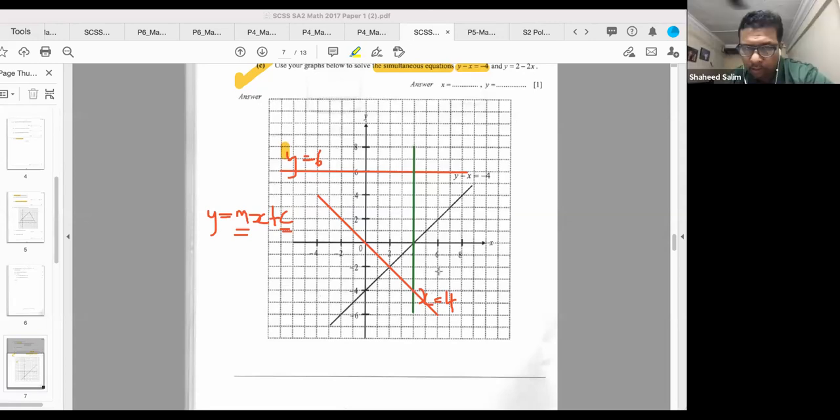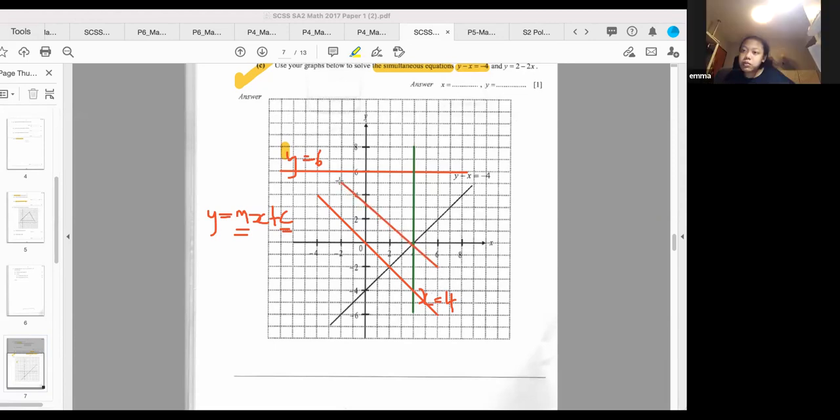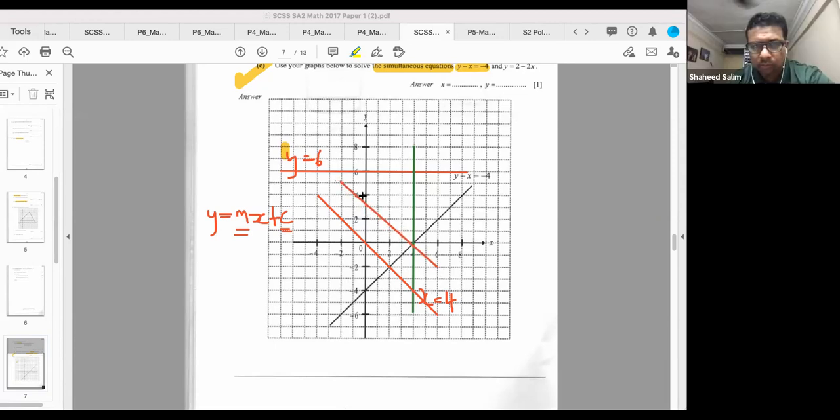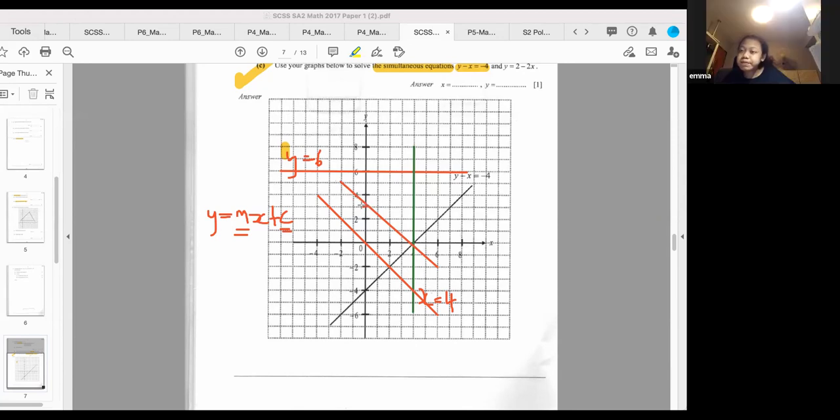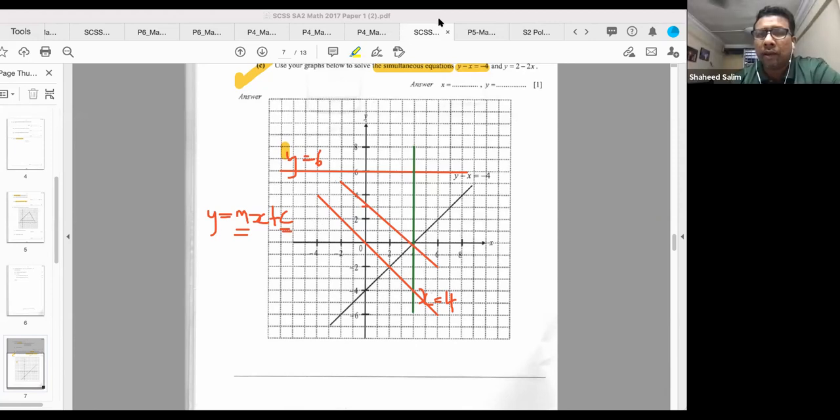Hold on, Emma. What's the y-intercept? Imagine it's here. 3. So in this case you will write 3 down here.